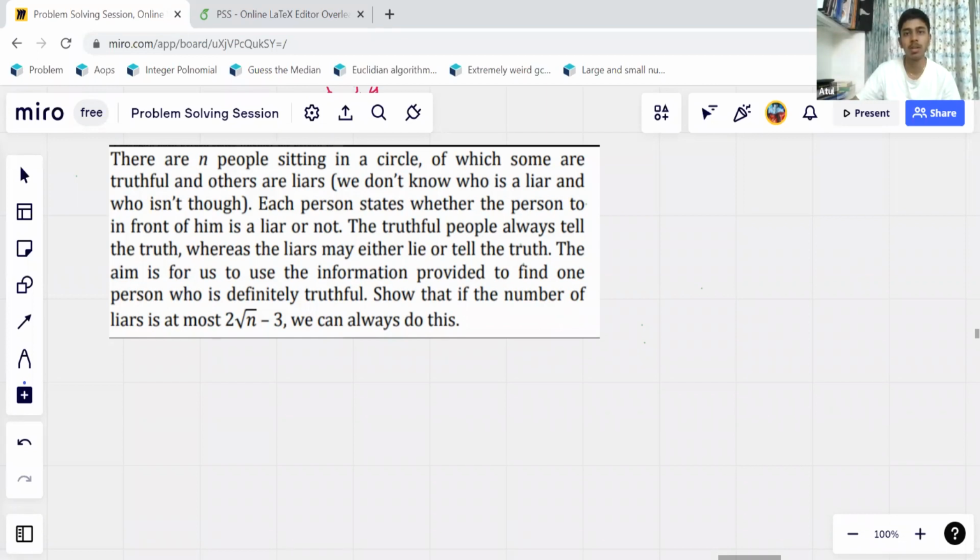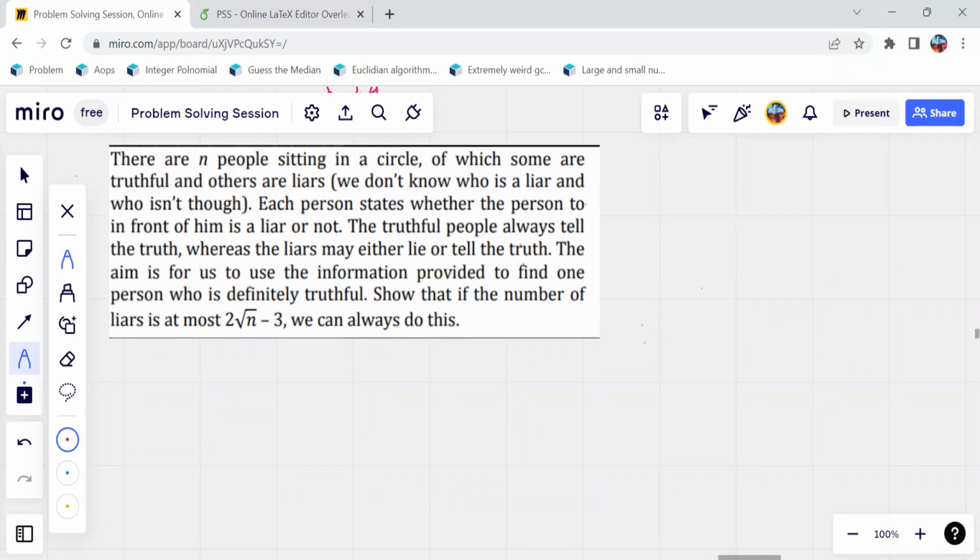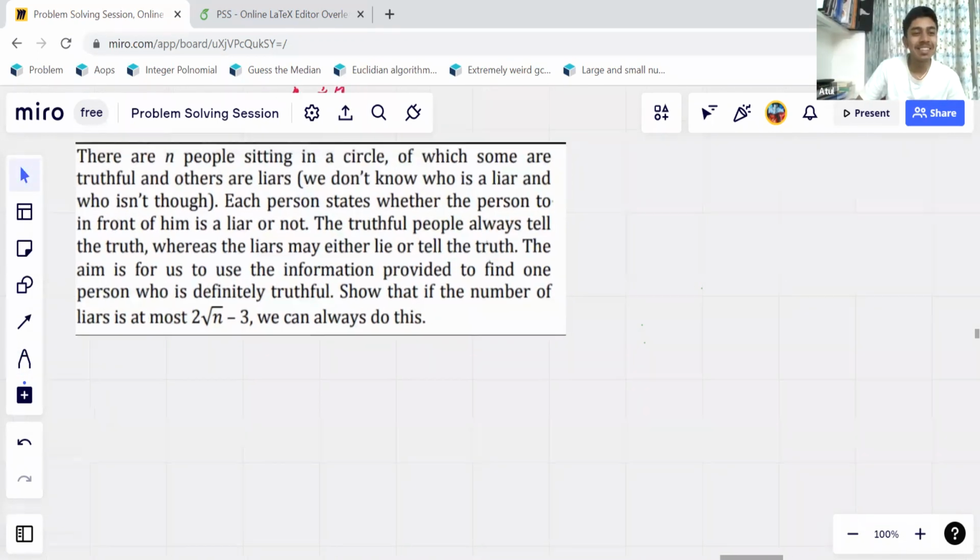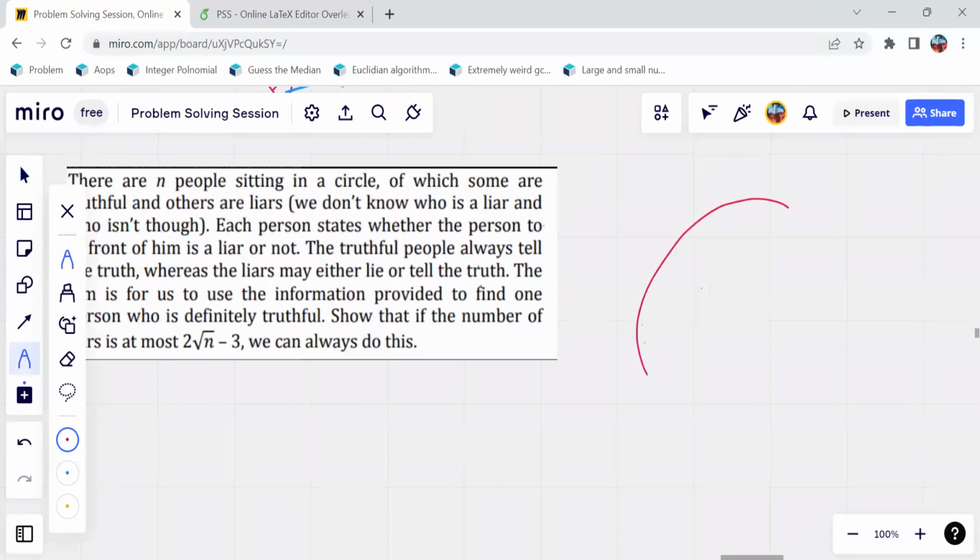Otherwise, the problem doesn't really make sense. We have to tell who is definitely truthful. Liars are not definitely truthful. My point is, you're given one try. They just make one statement. So you can't differentiate between a liar who's telling the truth and a truthful person. Correct, much like in life.